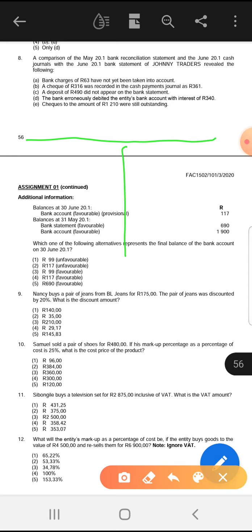I will debit my opening balance of 117, and then I will credit my total payment journal, CPJ, of 63. I will debit my cash receipt journal of 45. Then I will have to do the balancing.